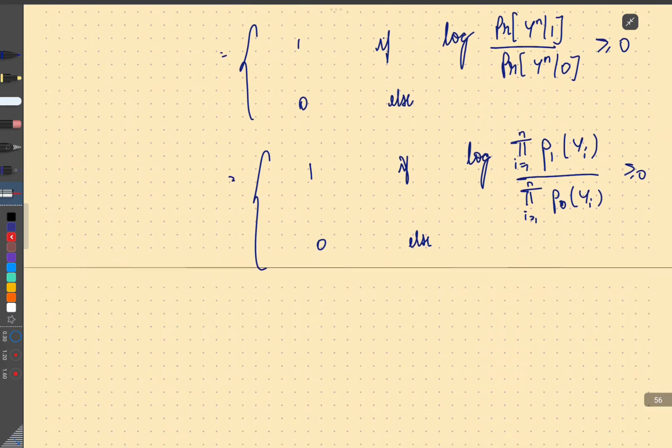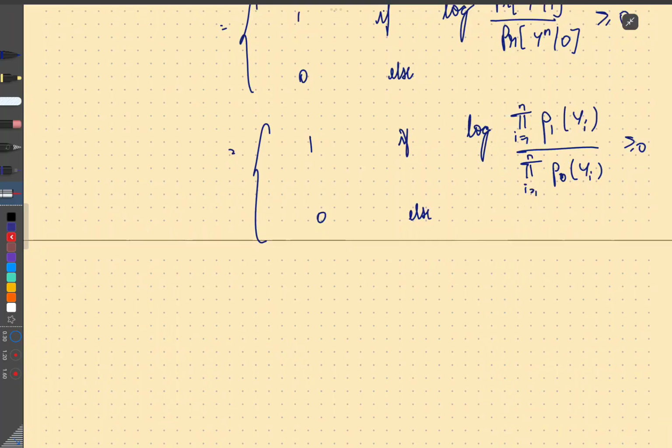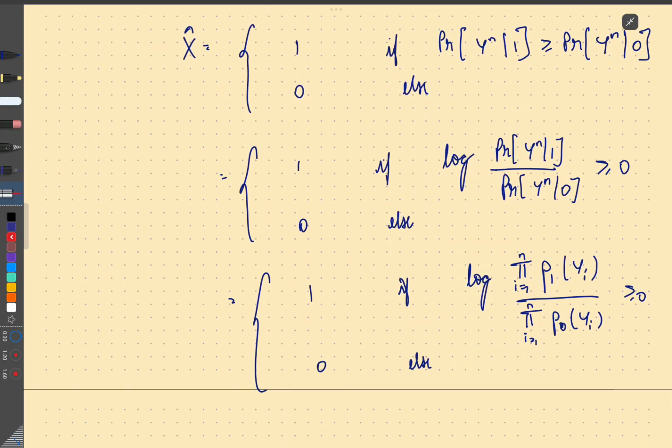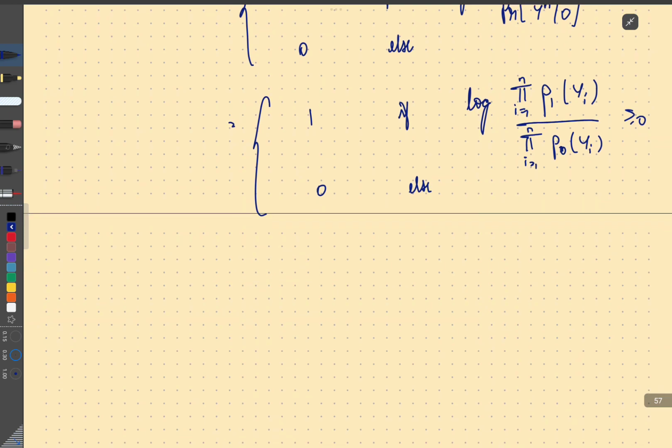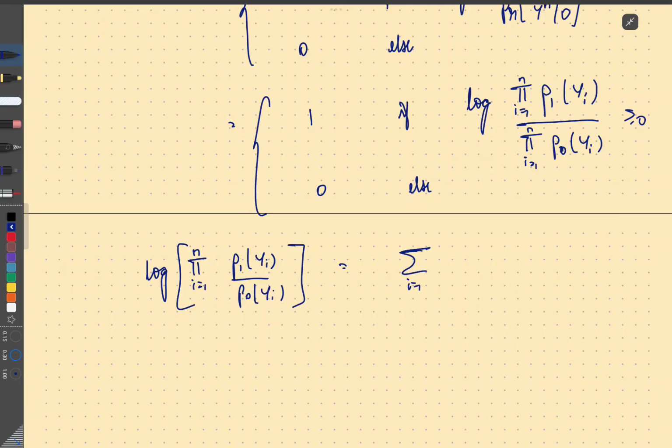So my goal is to understand or to find a bound on the probability that X hat is not equal to X. If I look at the log of the product of P1 of yi by P0 of yi, this is nothing but the summation i equal to 1 to n of log P1 of yi divided by P0 of yi.